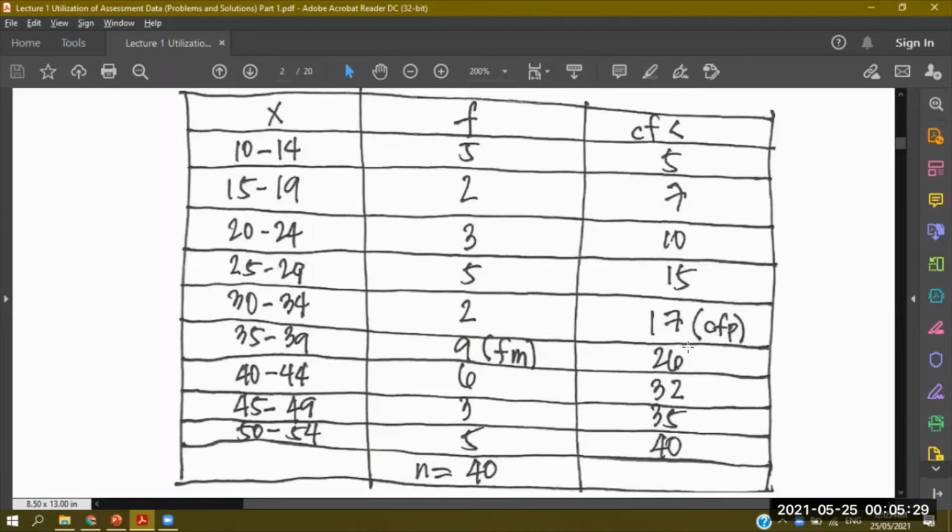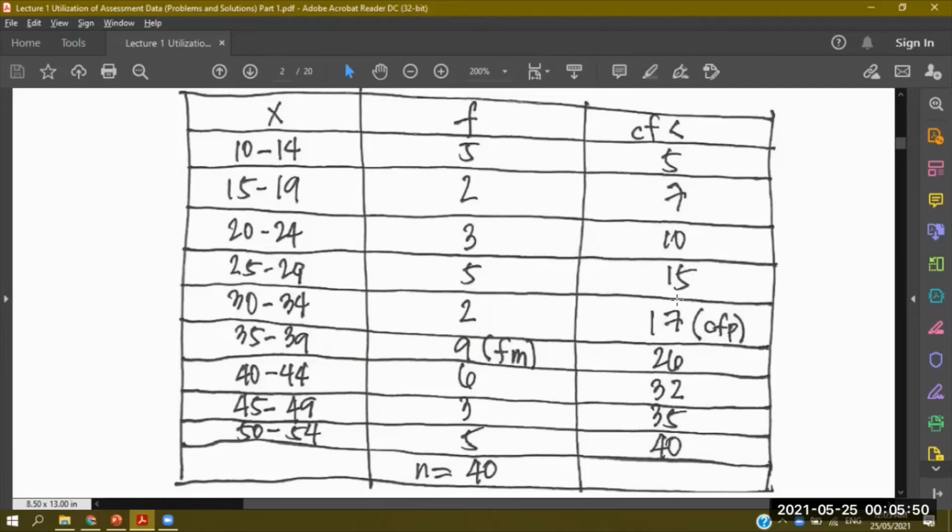Now, the next thing na hahanapin natin would be FM, the frequency of the median. Remember na ang sabi kanina, yung CFP is before siya sa median class.